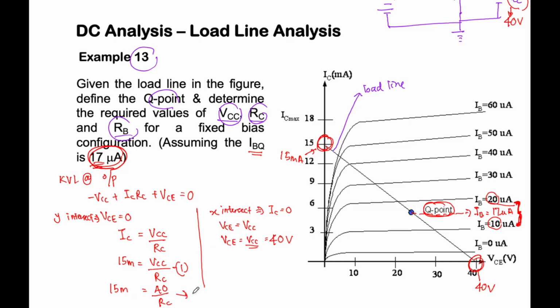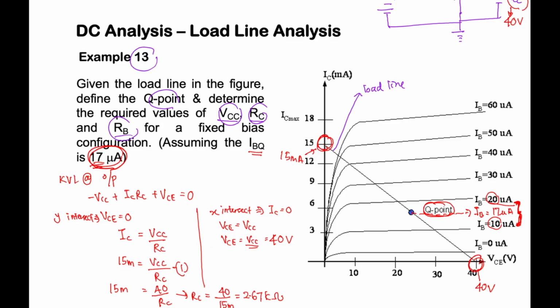So can we find the value of RC? Yes, 40 volts divided by 15 milli, so RC equals 2.67 kilo ohm. Next, can we determine the value of RB?